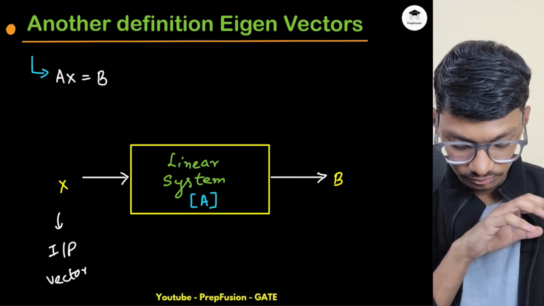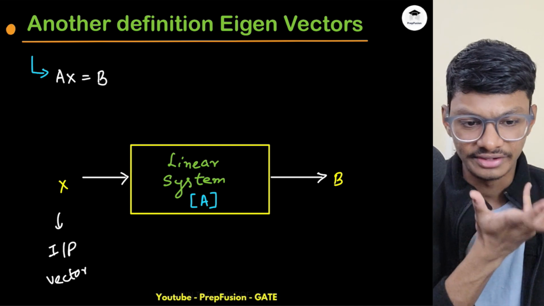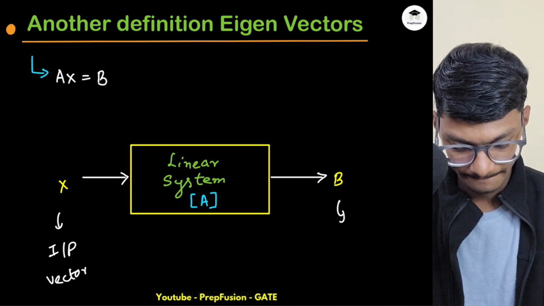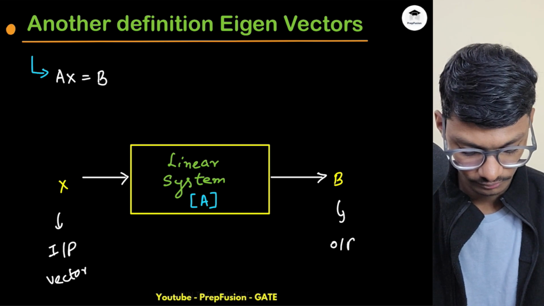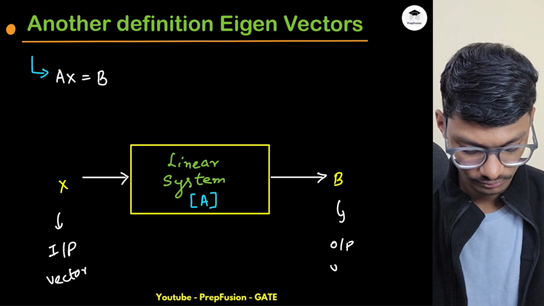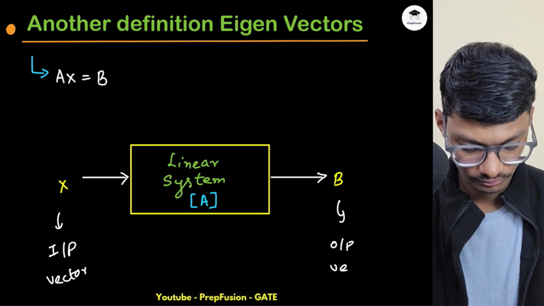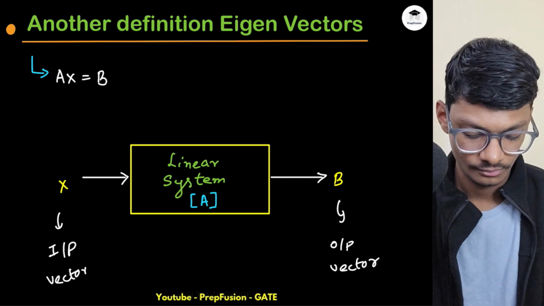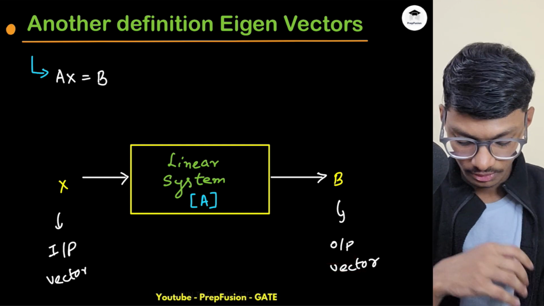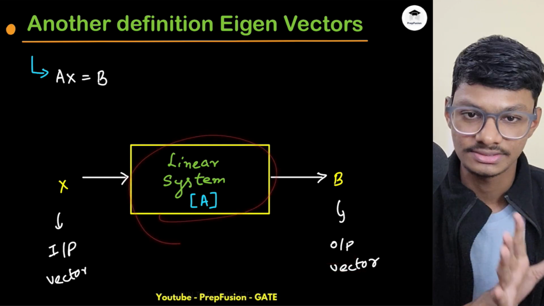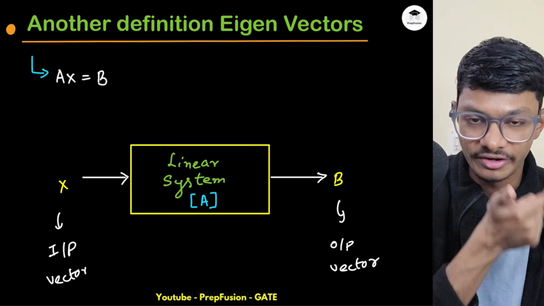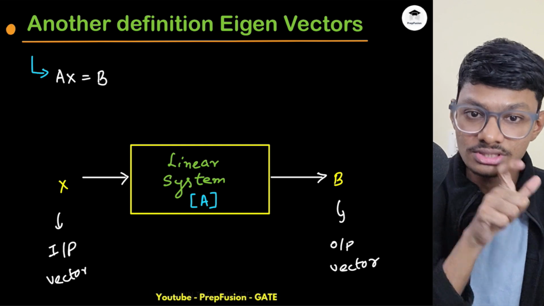I get some output vector which is b. So now what this linear system does is, this linear system gives the same output vector, just a scaled version.